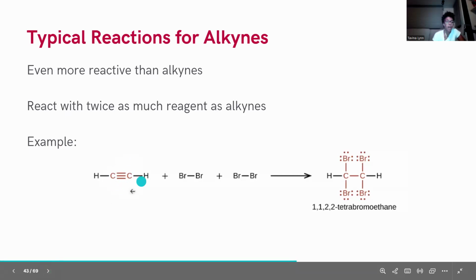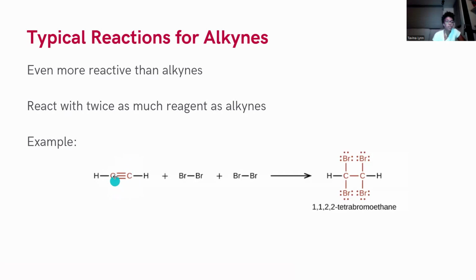Here's an example: we have ethyne reacting with bromo, and this is what we mean by twice as much reactant, because we are essentially adding two functional groups to each of the carbons engaged in this triple bond. So each carbon forms a bond with two bromo groups.